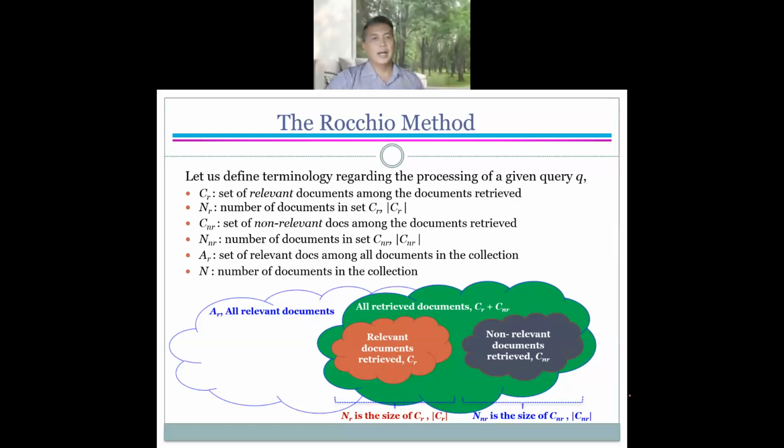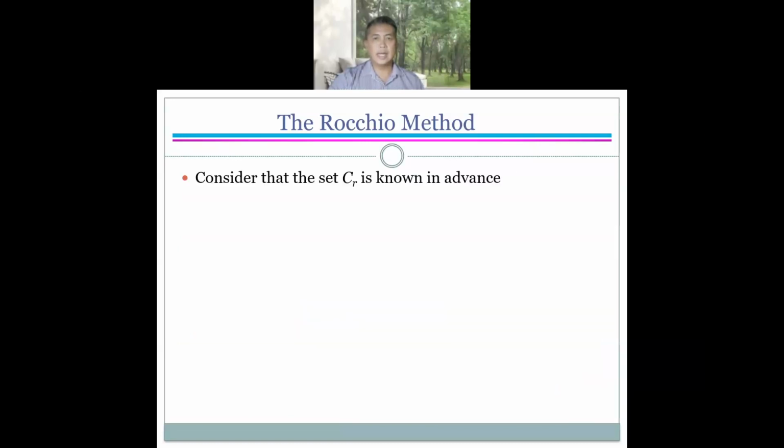Okay, so this is the term that we use in order to define the process. Let's consider that the set of CR, the relevant documents, is known in advance.